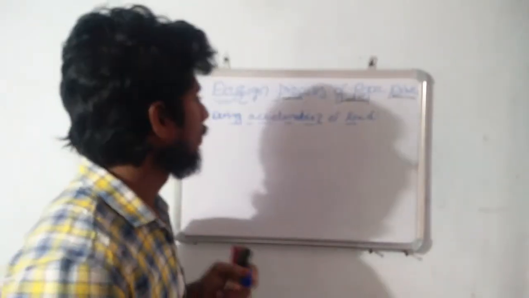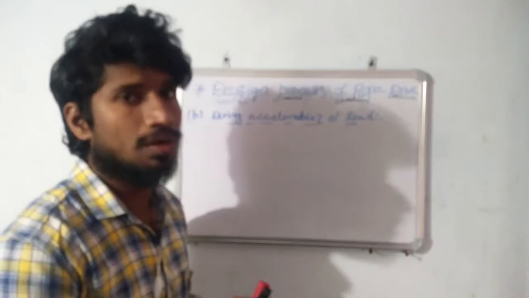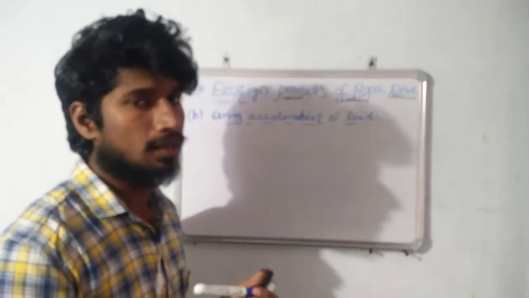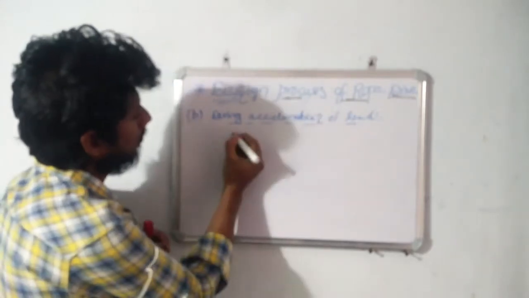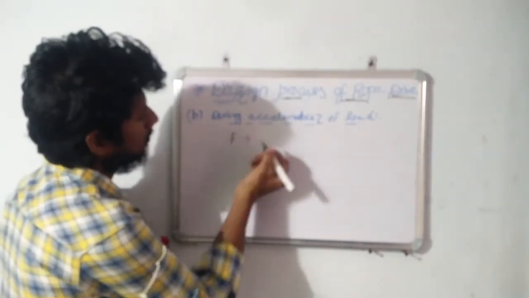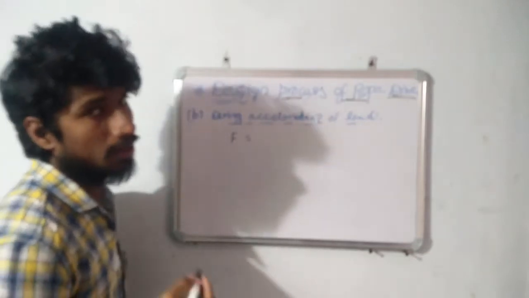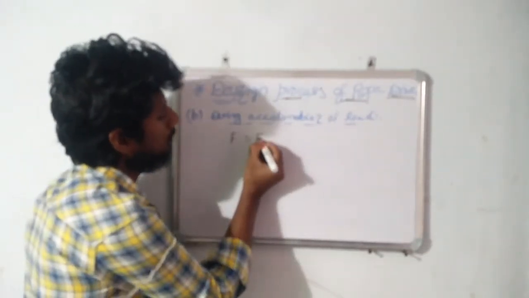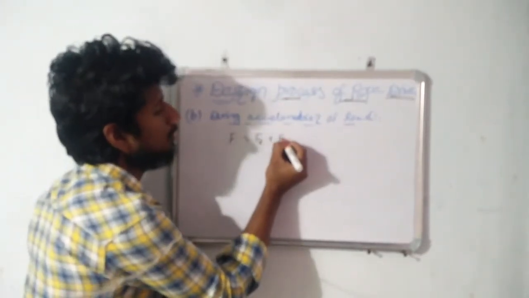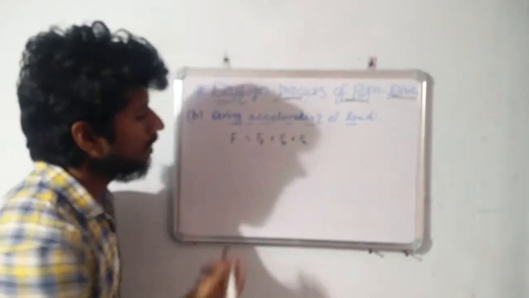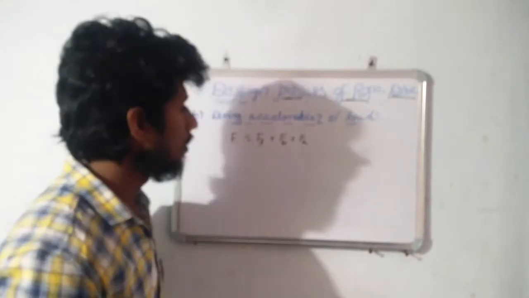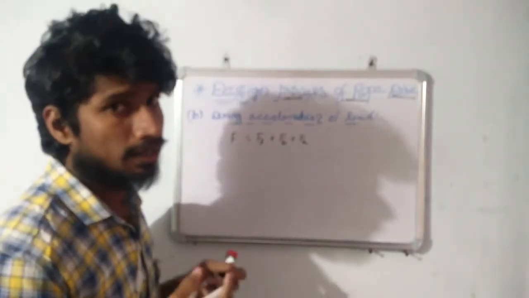Next, during the acceleration of load condition, what is the effective load acting on the rope? So let's see that one. It is also denoted by F, which is equal to Ft plus Fb plus Fa. Here we know Ft is the direct tensile load acting on the rope.